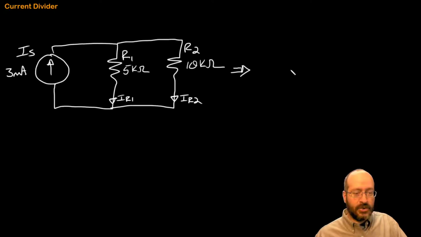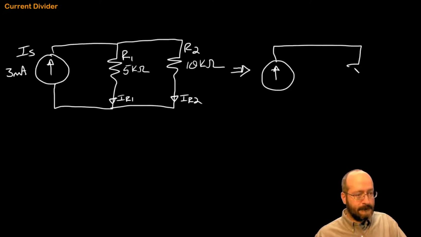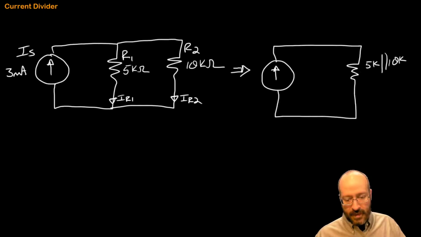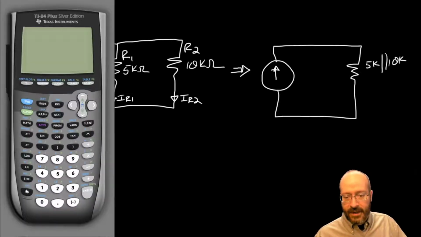So I can redraw this circuit by combining those two things in parallel into a single resistor. Now I've lost those individual currents, and that's going to be okay for the time being. What we're really interested in is the voltage across that parallel combination. So this is going to be 5K in parallel with 10K. Let's grab a calculator and figure that out.